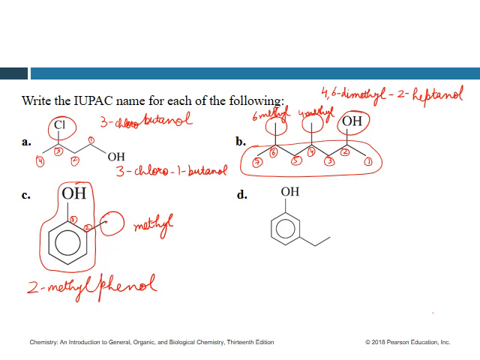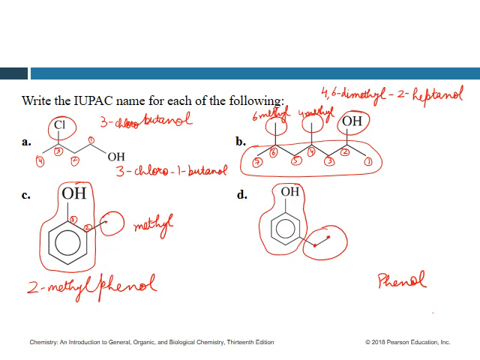Okay, let's try the last one. When I look at the structure, my parent chain, I would regard it again as phenol. And then I have a substituent, which is right here. And how many carbons is my substituent? This is 1 carbon, 2 carbon. This carbon right here is not included because it is a part of the parent chain.